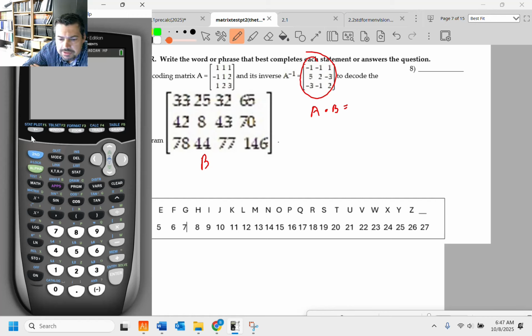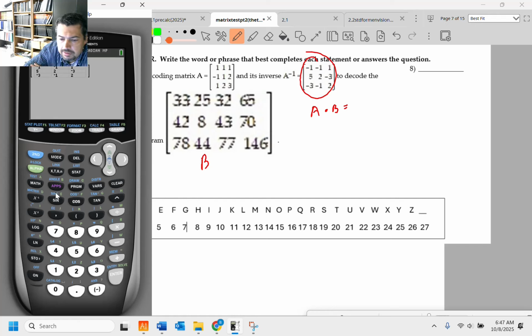So we're going to do matrix A multiplied by matrix B because we are decoding. I'm going to press that magic enter key. And obviously I have a typo somewhere, don't I? I don't know why I went to stat edit. Second matrix, edit A: -1, -1, 1, 5, 2, -3, -3, -1, 2.